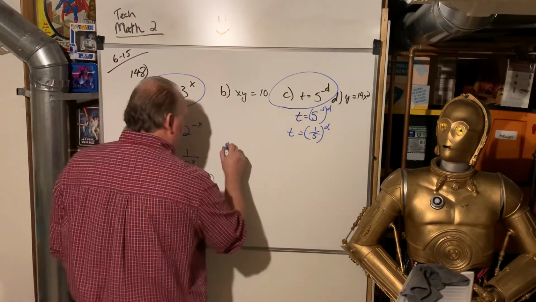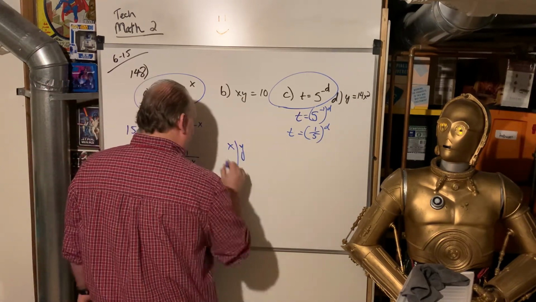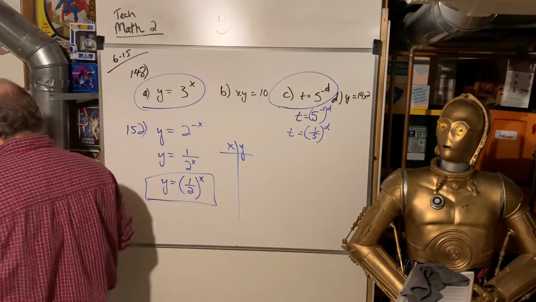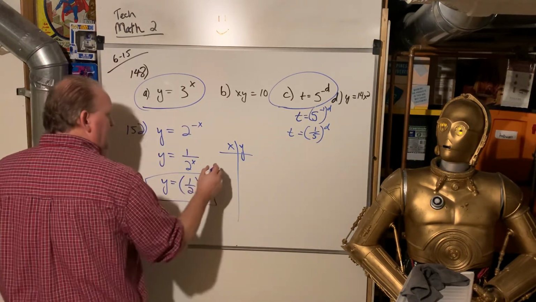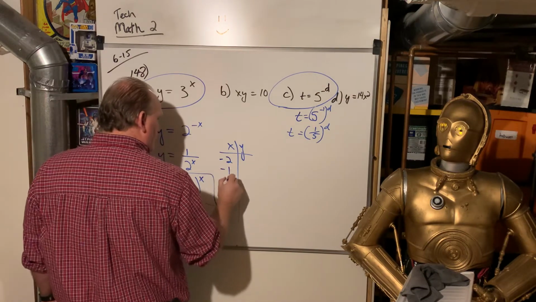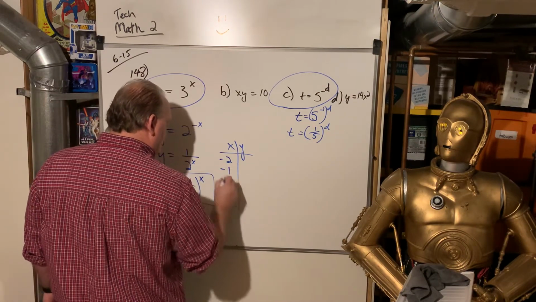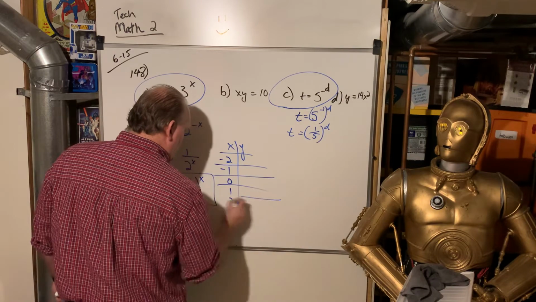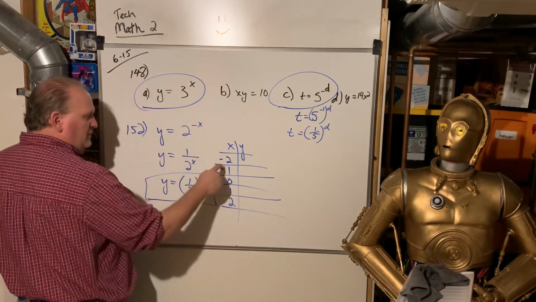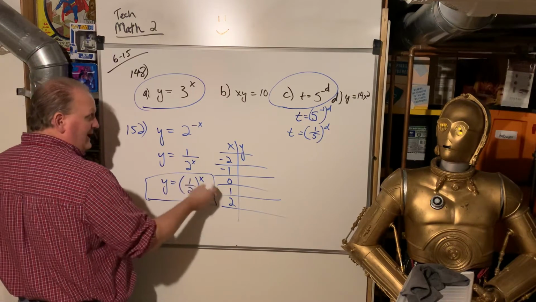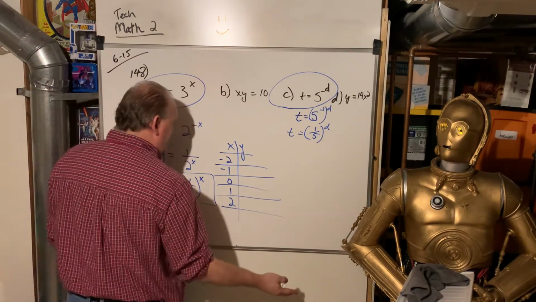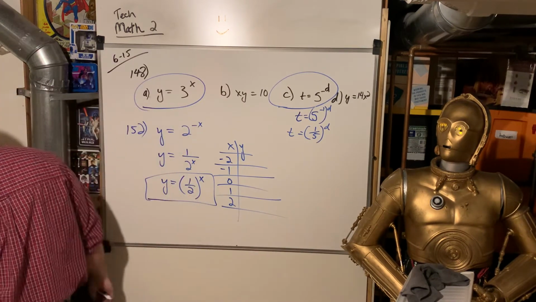And what happens with exponential decay, that is 1/2 to each one of these powers. So you could put in -2 and -1 and 0 and 1 and 2. When I put in -2, you could go 0.5 to the -2 power, and check it out, that's going to be 4, right?